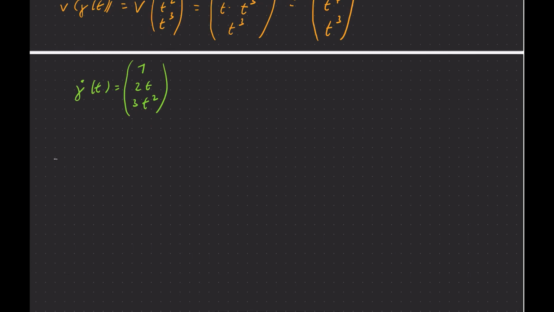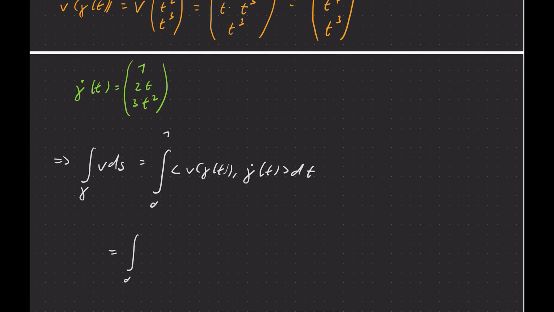And let's do just that. So the integral over gamma of v ds is the integral from 0 to 1 over v of gamma of t, scalar product with gamma dot of t dt. So what we get is, well, that scalar product.